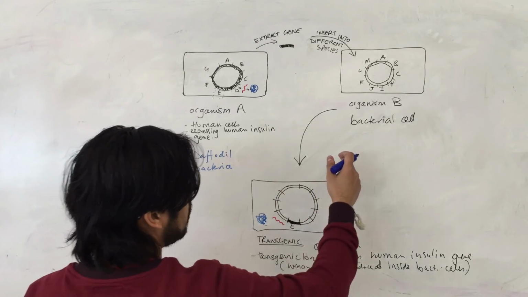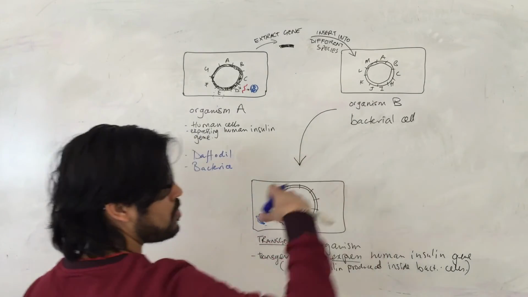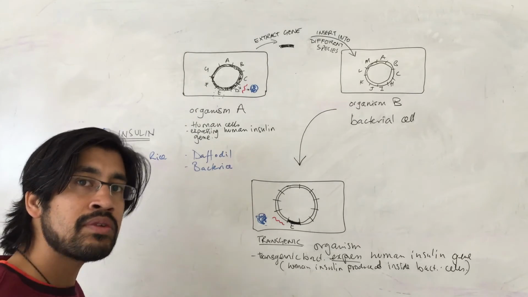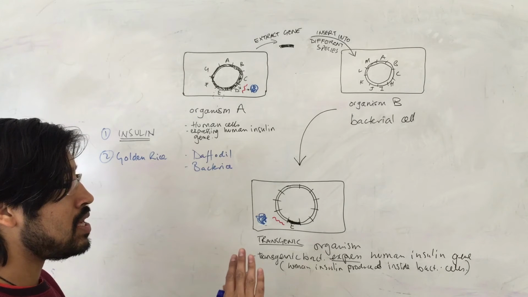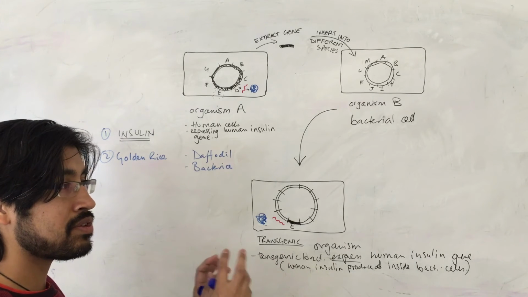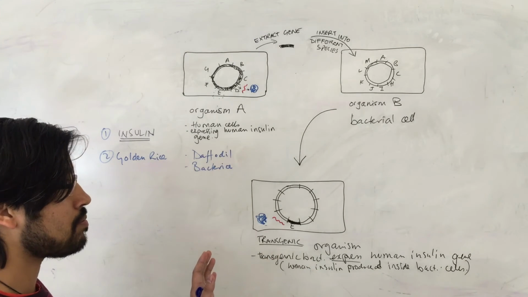It's important to note that the rice plant already has the starting material needed to produce beta-carotene. It just doesn't have the enzymes to convert that starting compound into beta-carotene.